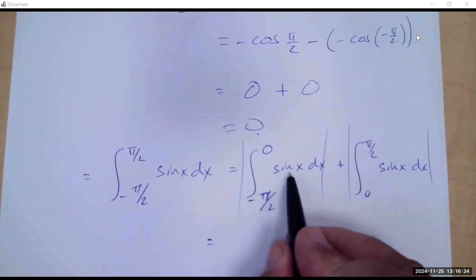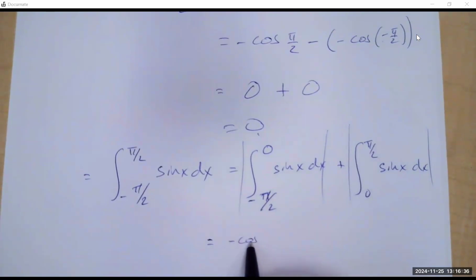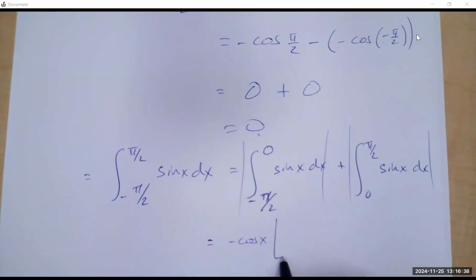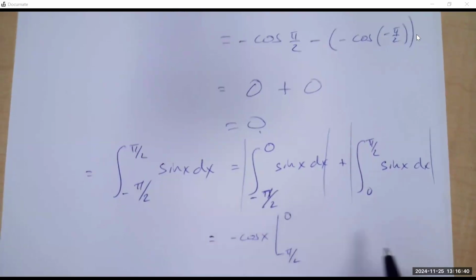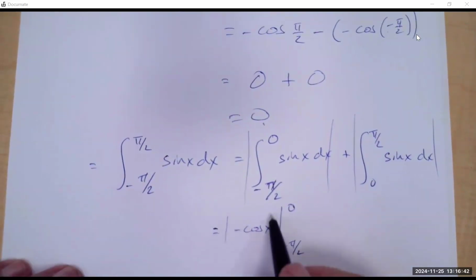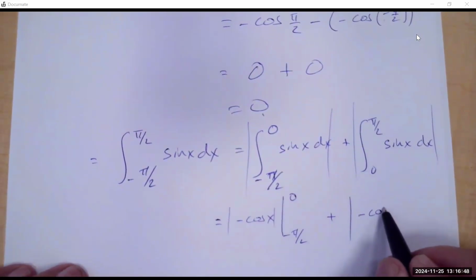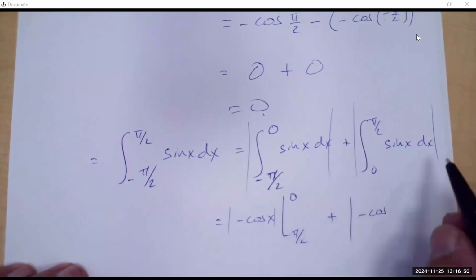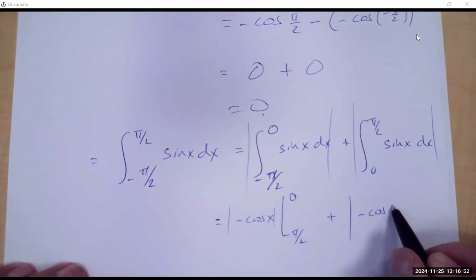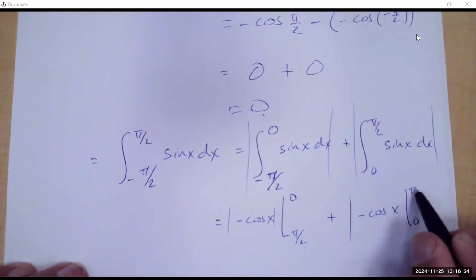So the integral of sine x is negative cosine x from negative pi over 2 to 0, and I want absolute values, plus negative cosine x from 0 to pi over 2.